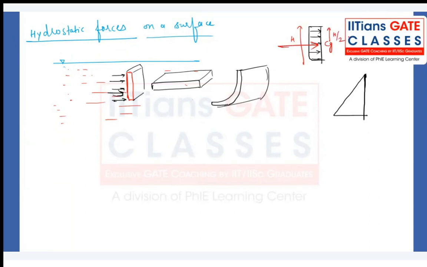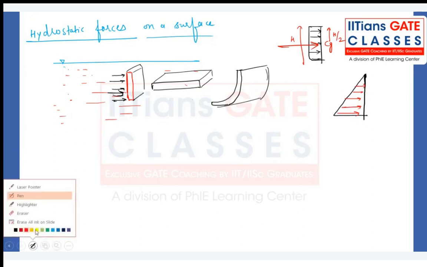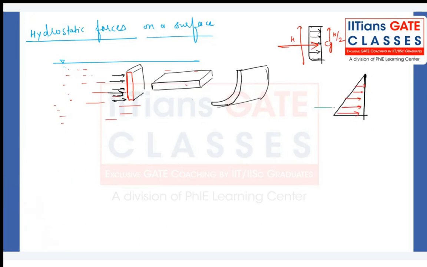Now, when we have a uniformly varying load, if I ask you exactly where the total load will be concentrated, you will say, sir, at a distance, let's say the total height is capital H, it is going to act at H by 3 from the base, and 2H by 3 from the top, the centroid of the triangle, right?